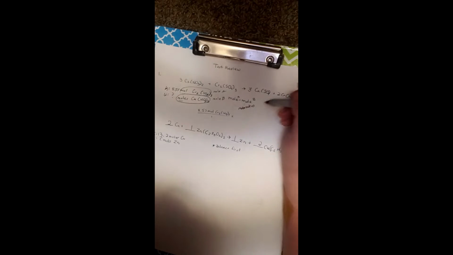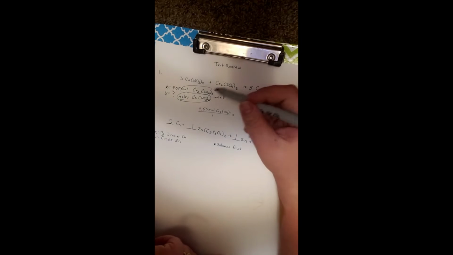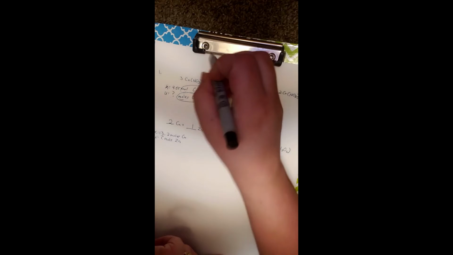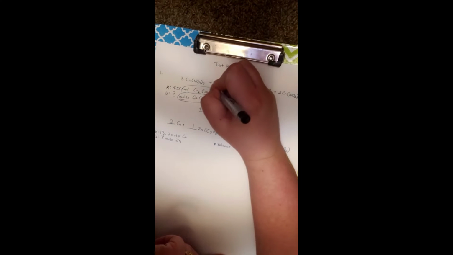Guys, if you don't understand mole ratios by now, you need to work on this because it's going to be on the test. Mole ratios come from the balanced equation. It's basically a fraction of 2 of the things from the balanced equation. In this case, it'll be a fraction of chromium sulfate and calcium nitrate.